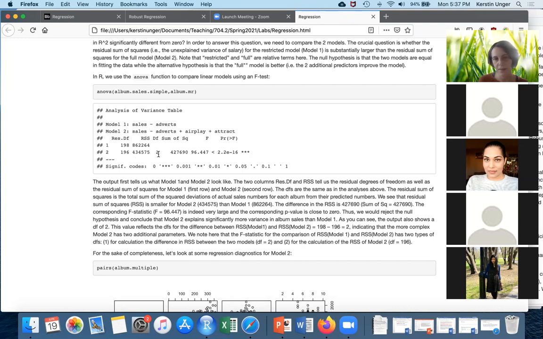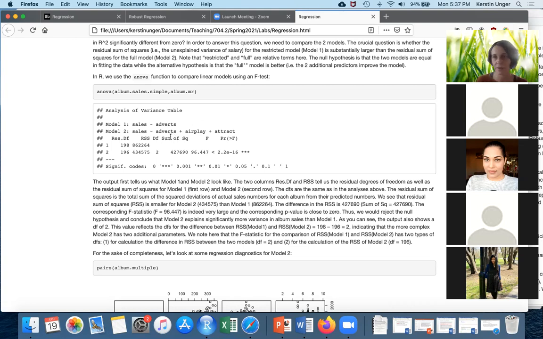This 2 here is our numerator degrees of freedom. It's just the difference in degrees of freedom between the restricted model and the full model, which in this case is 2.